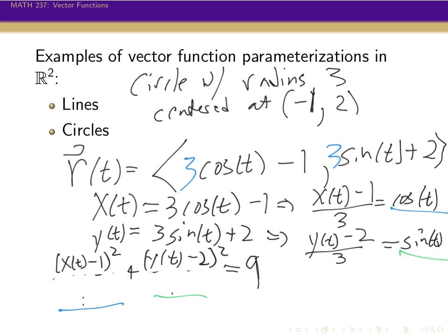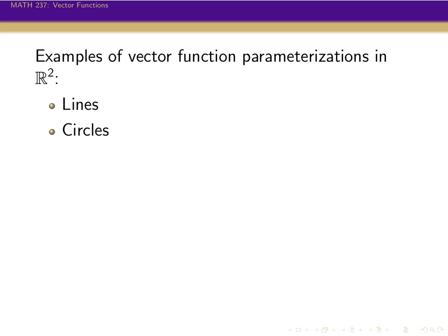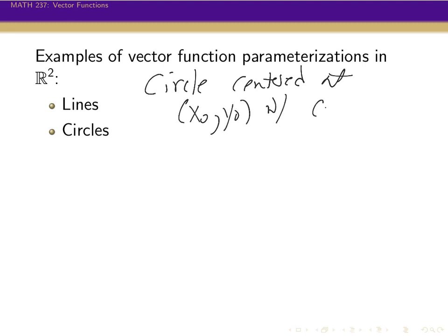Okay. So what's the general rule here? If we want to do a vector equation for a circle centered at x naught, y naught, I already put the center in. We just need to pick the radius. Let's call the radius r.